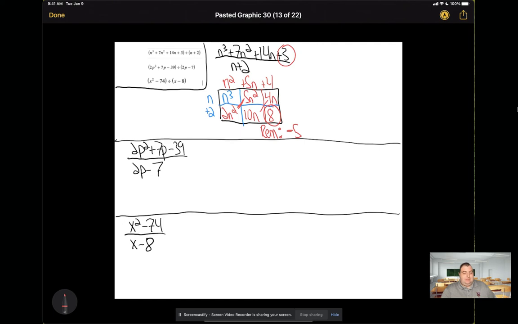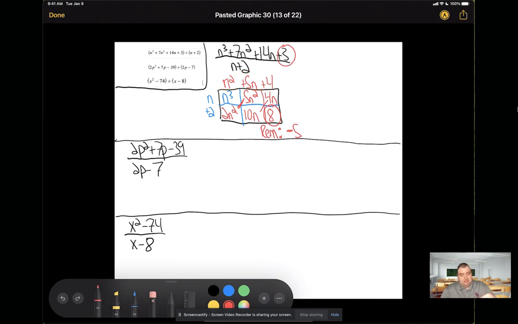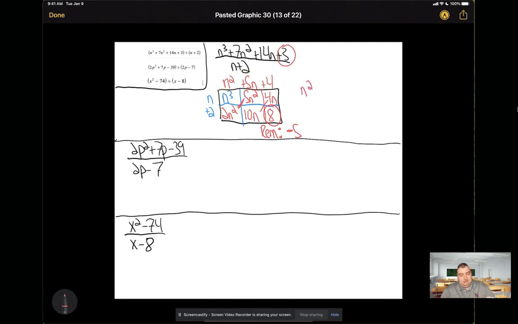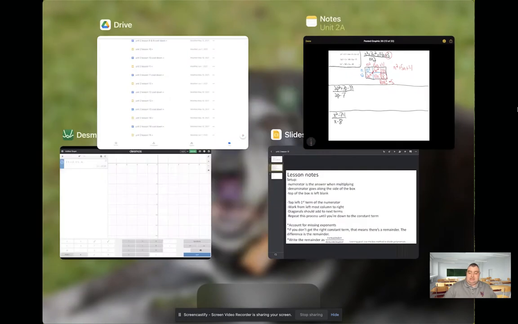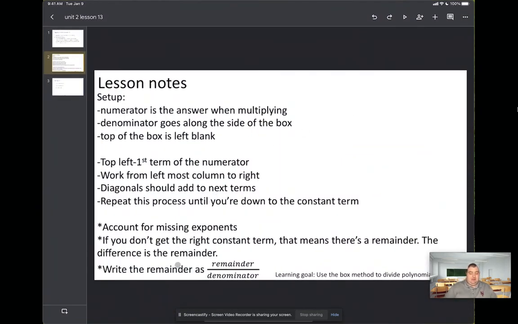So to write out my answer, I'm going to start off up here. My answer is going to be n squared plus 5n plus 4. And instead of writing remainder negative 5 like I did when I was in elementary school, I'm going to go back to my lesson notes and write the remainder a different way.